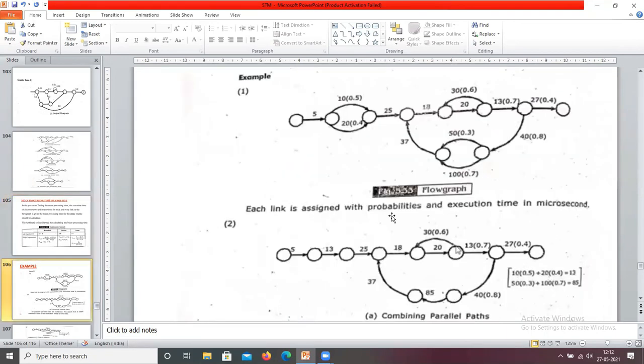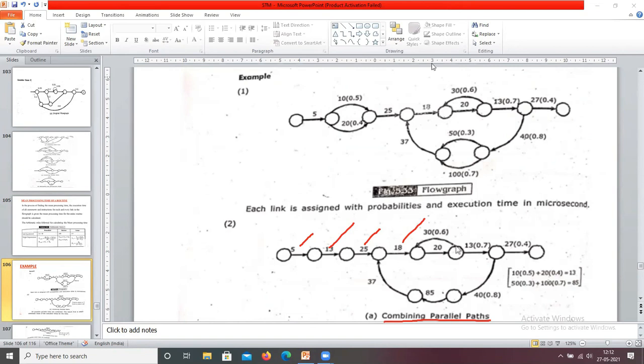We apply these formulas, and after combining parallel paths we got these values: 5, 13, 25, 18.